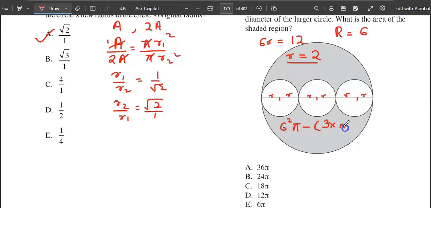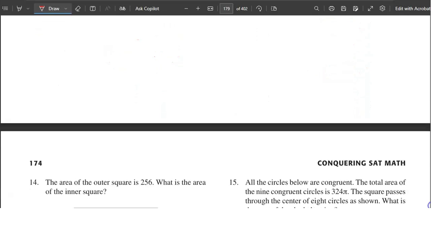So 3 multiplied by pi into radius, that is 2 square. So it's coming as 36 pi minus 3 into 4, that is 12 pi. That will be equal to 24 pi. So option B is correct. It's 24 pi.